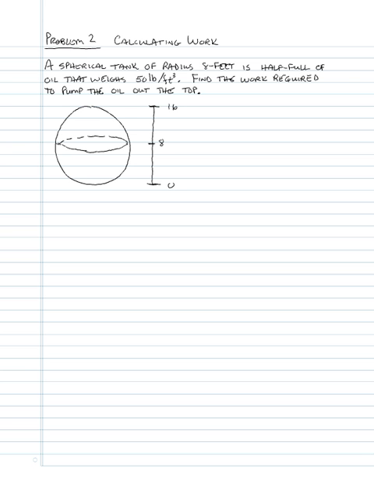So we're going to start out the same way. Remember, we're pumping it out a hole in the top here someplace, but we're going to start out as we did a while ago. We're going to first think about an infinitely thin slice of this oil that is in the part of the tank that has oil in it. So let's look here. Okay, we've got this little tiny slice of oil, and I apologize that this is kind of an ugly diagram.